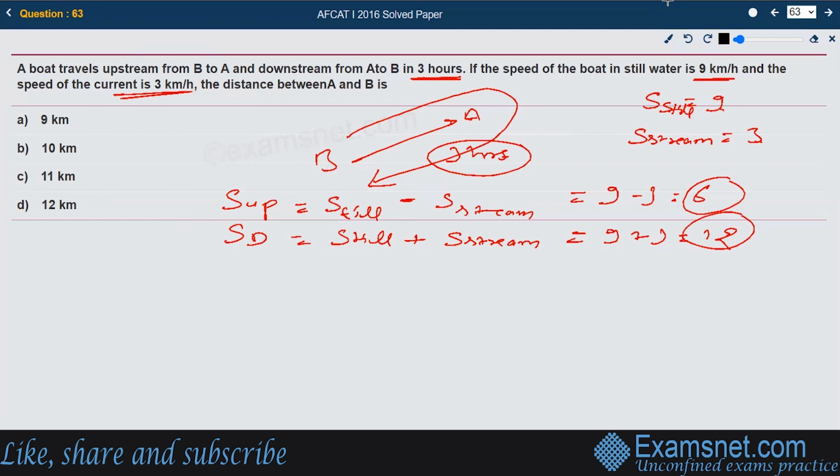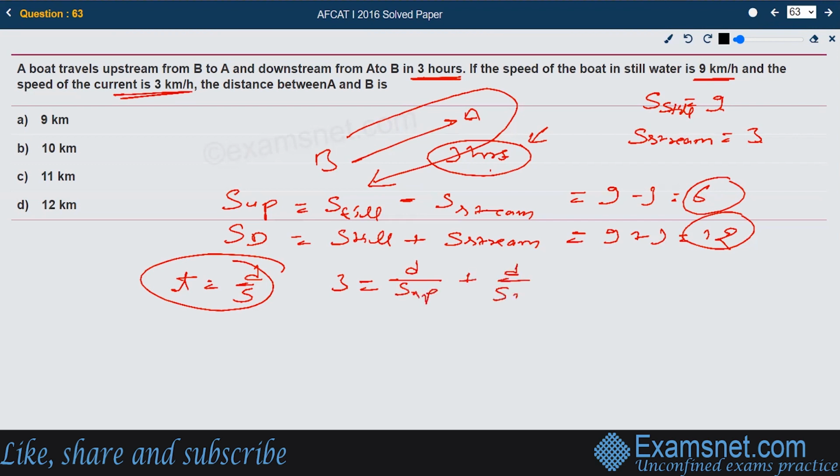What it is asking is the total distance traveled. We are going to use the formula for time because the total time is already given. Time is equal to distance over speed. This is the simple formula. The total time has been taken as 3 hours for both journeys, going upward and going downward. So if you go up, the time is distance over speed, plus d over s down.